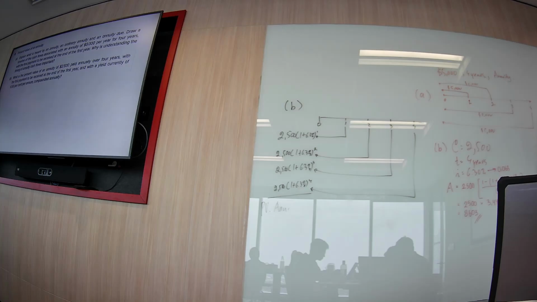The difference. So you change the C from 2,500 to 5,000 with all the same variables, 4 years, 4 periods, and 6.3% for the interest rate. How much would you get?